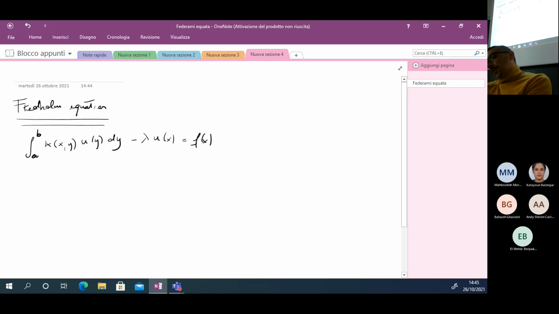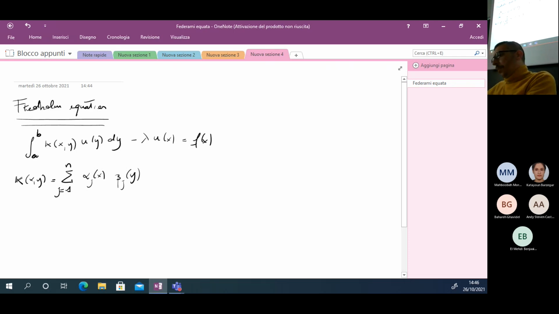I'm not going to discuss the most general form of the Fredholm equation. Instead, what I'm interested in are those equations for which the kernel can be rewritten as a finite sum, between 1 and n, of products of functions of x and y.